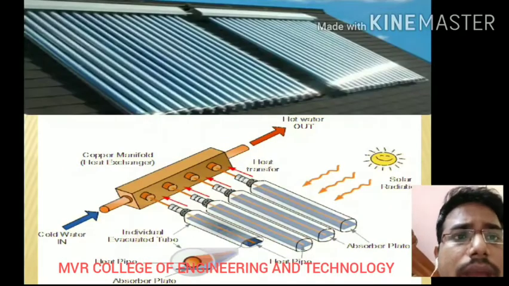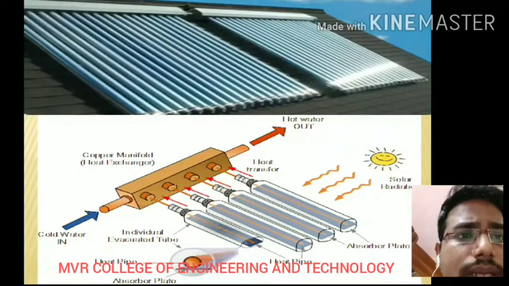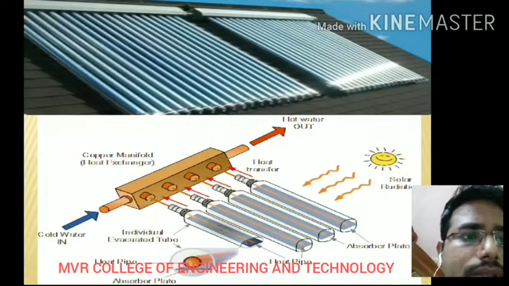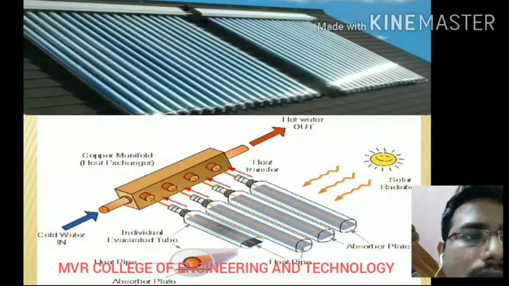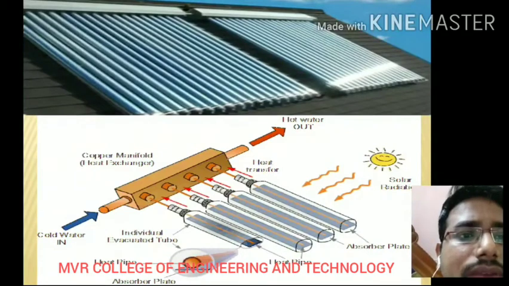Here you can see the evacuated tube collectors: cold water in and hot water out, and there are tubelets, heat pipes, an absorber plate, an evacuated tube, and the solar radiation. Whenever this solar radiation hits these plates, the plate will absorb the heat and heat the water, and the cold water will be heated and come outside as hot water.